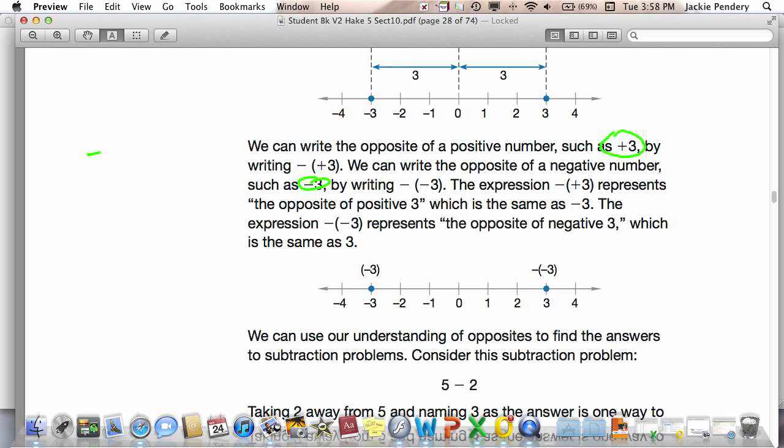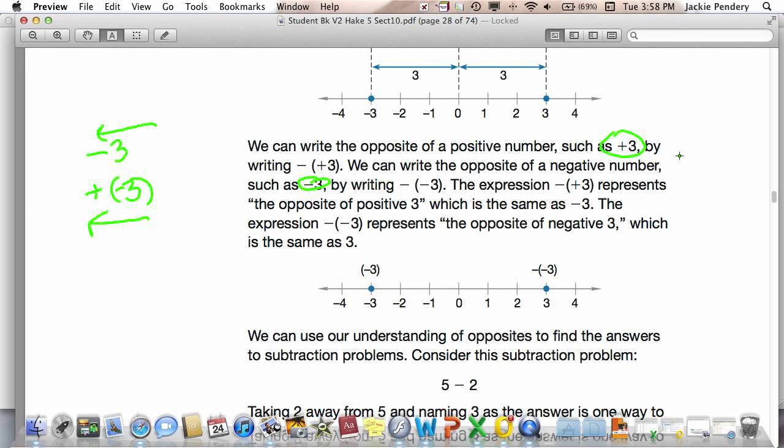So I can write -3 as plus parentheses -3. Subtracting 3 is essentially a -3 anyway. I'm taking 3 away, or I'm moving to the left on the number line. Adding -3 is the same thing. I'm going to move to the left on the number line again.